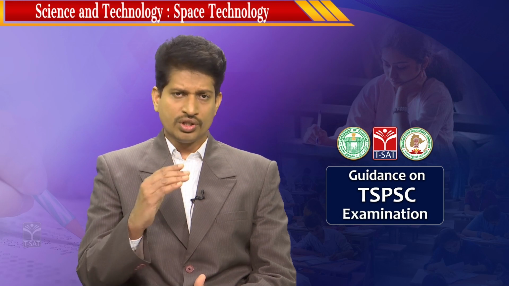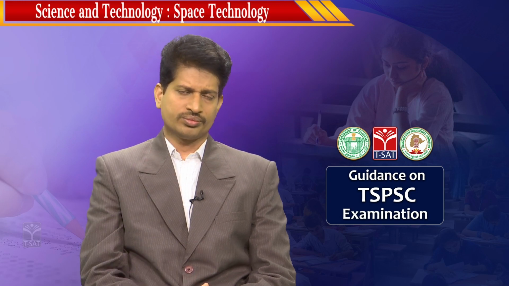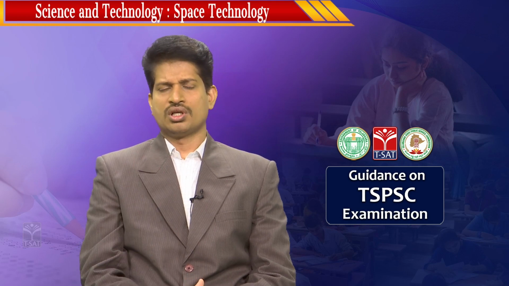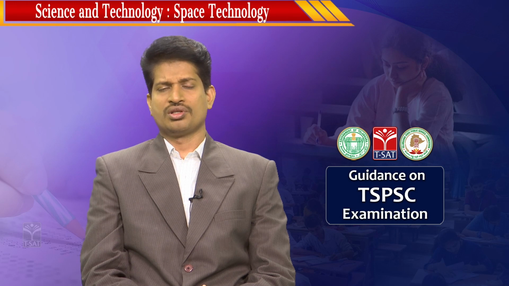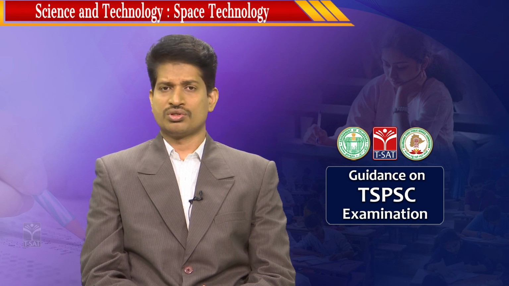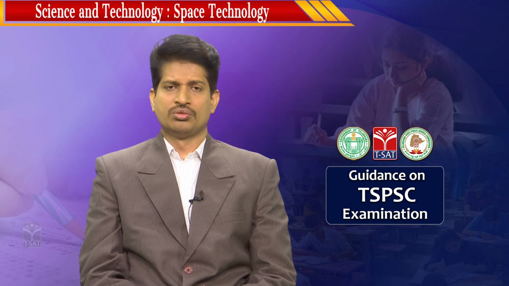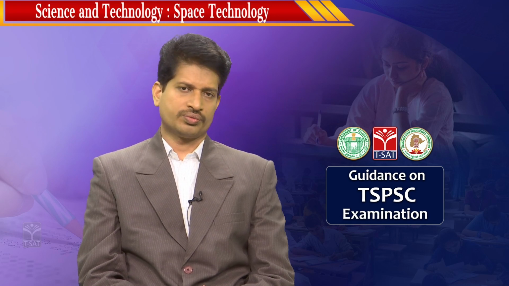For this, we need to launch a satellite into an orbit. The satellite revolves around the Earth in an orbit. An orbit is a circular or elliptical path through which the satellite moves. So, how can a satellite move in an orbit is a question.